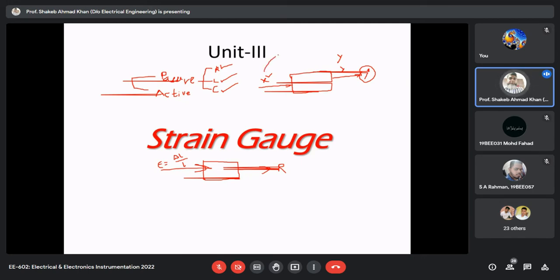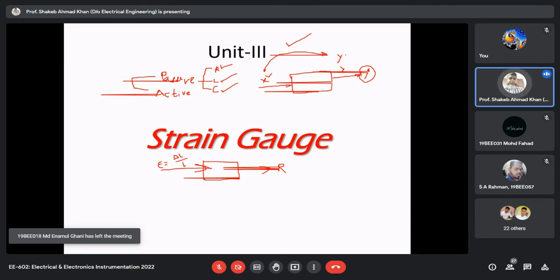So we want a relation between X and Y, right? This is the universal requirement for any instrumentation system, that is, any sensor based measurement system. Wherever you use a sensor, you require this kind of relation, because we are interested in finding out X, although we are measuring Y. For good accuracy we convert X into Y, because Y can be measured more easily, more accurately and more economically.